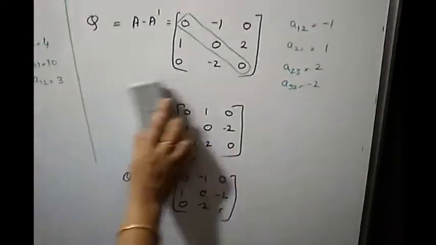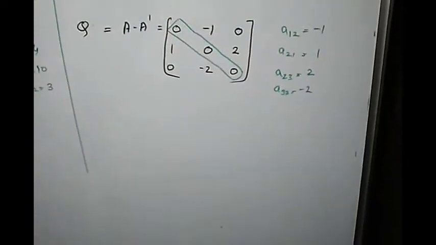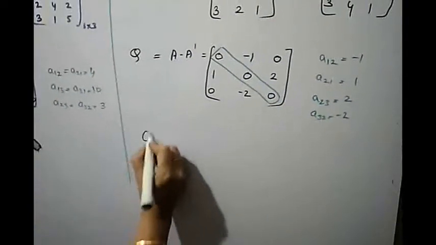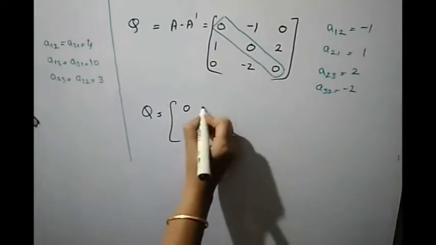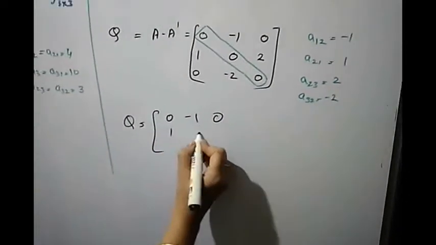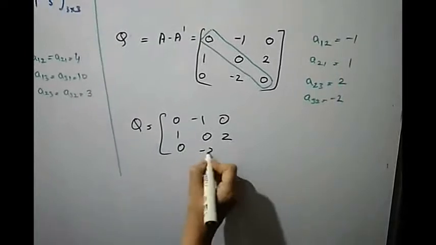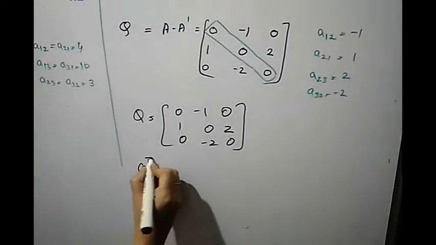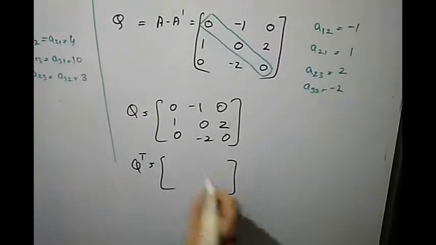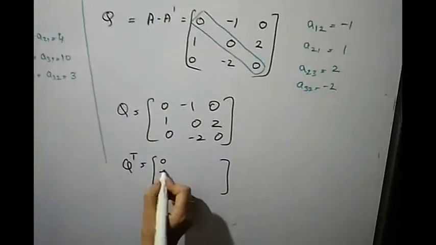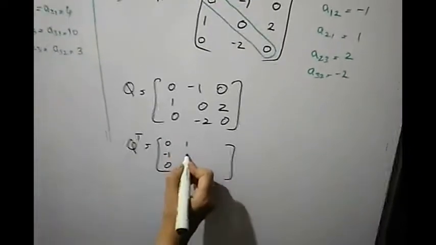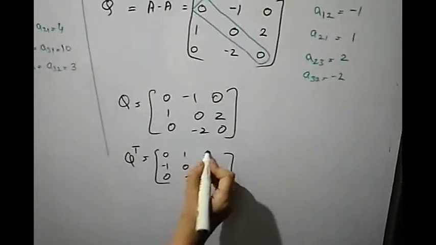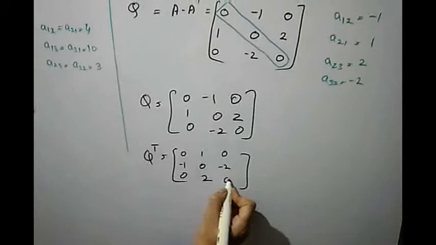Oh sorry, here it is a mistake I have made. So Q we will be having 0, minus 1, 0, 1, 0, 2, 0, minus 2, 0. So let us do Q transpose. Q transpose will be 0, 1, 0, minus 1, 0, minus 2, 0, 2, 0.